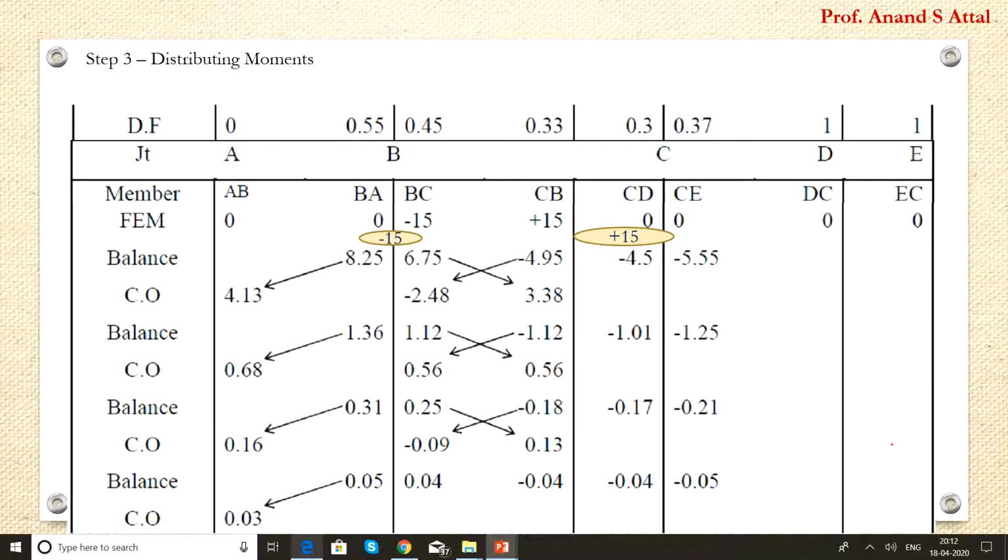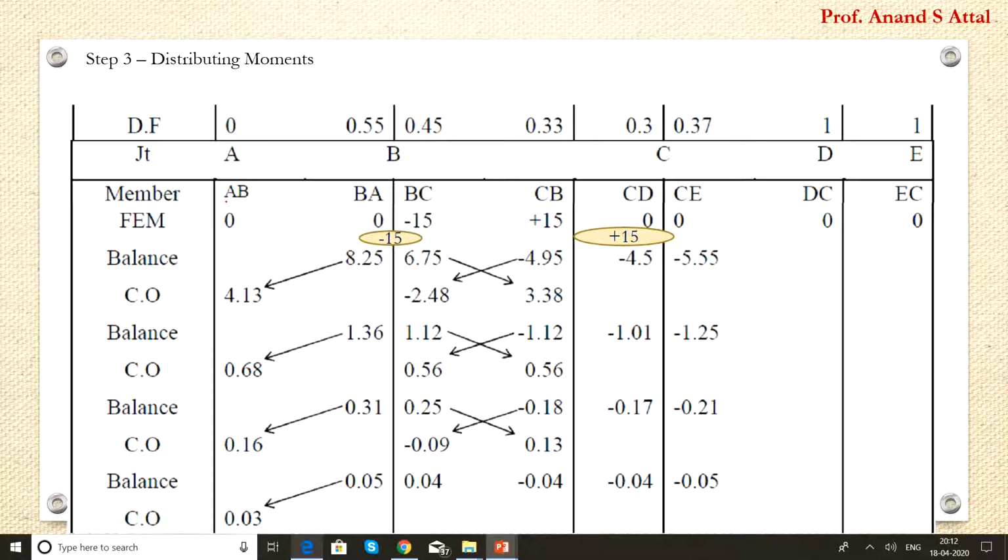Step 3, distributing the moments. In the distribution table, the first row is the distribution factor, the second row the joint, the third row the member, and the fourth row the initial fixed end moment. We write joint A, joint B, joint C, joint D and joint E. On joint A there is only AB.